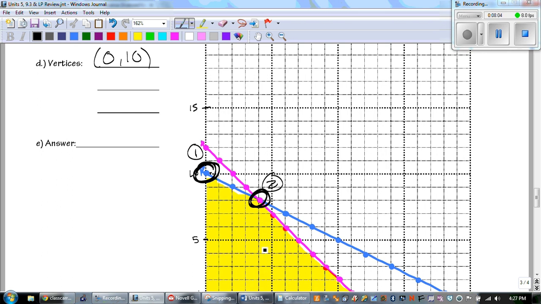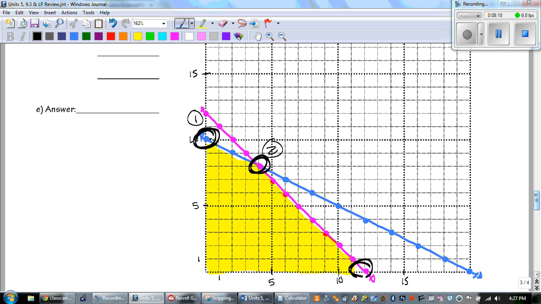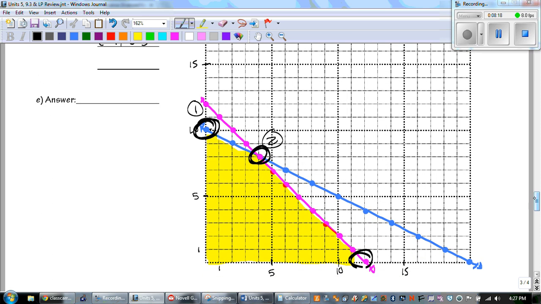Vertex number 2, count your lines. It's 4, what? I think it's (4, 8), right? Because on the next graph, you're going to have to do this part by yourself. Okay, and the last one, number 3, is (12, 0).